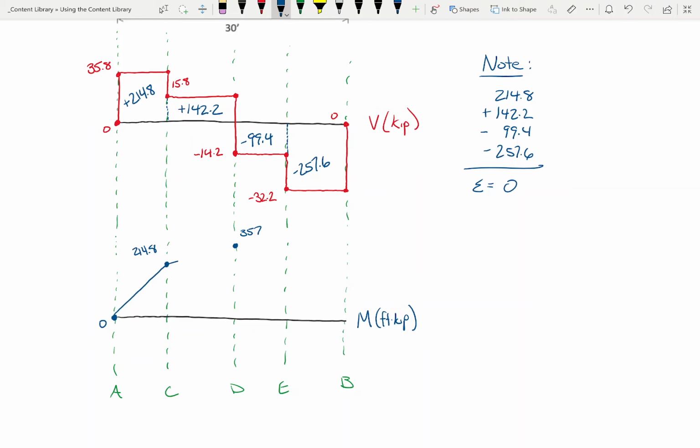And I propose this is also linear. In fact, all the segments are going to be linear. Okay, now if I'm at 357 and I drop down 99.4, what am I at? 257.6, and then I drop down to 0.